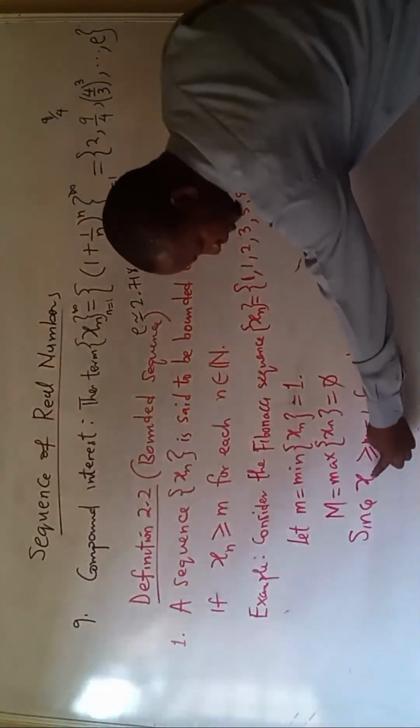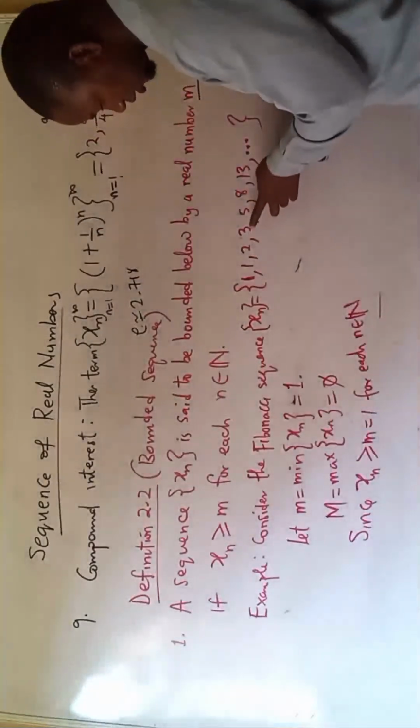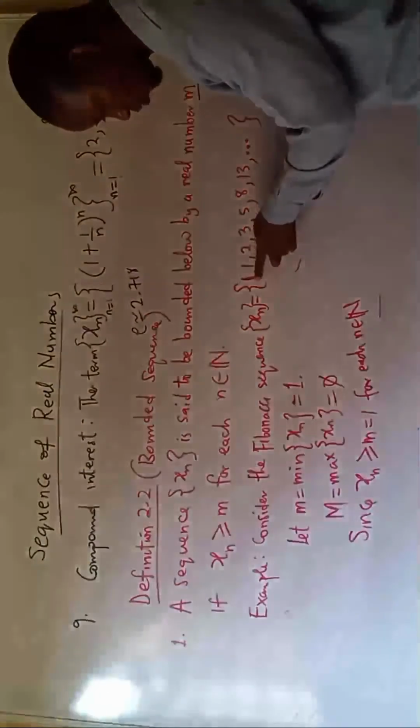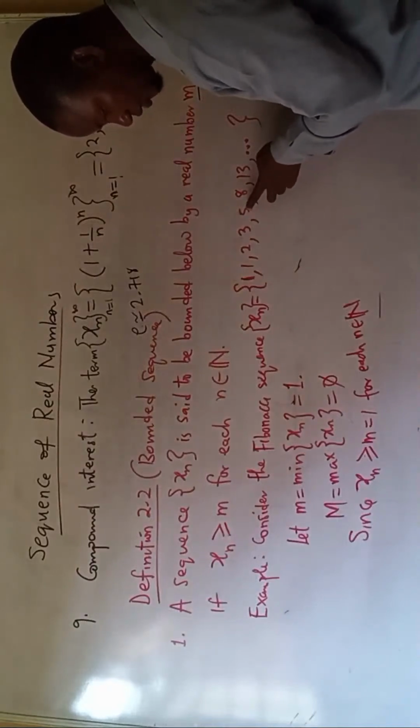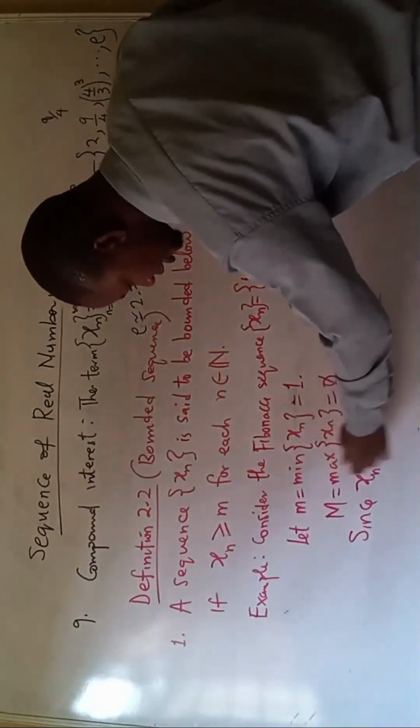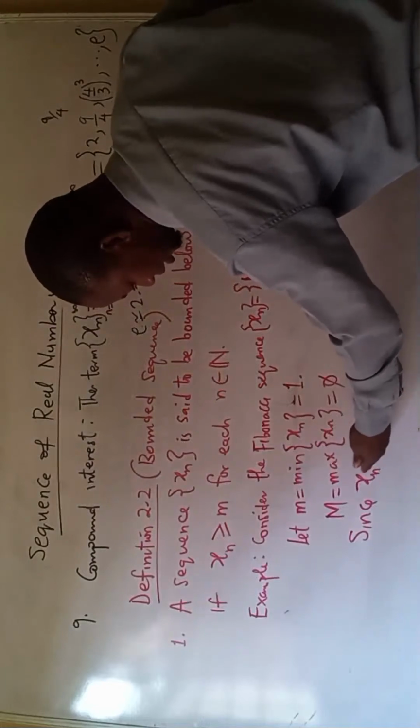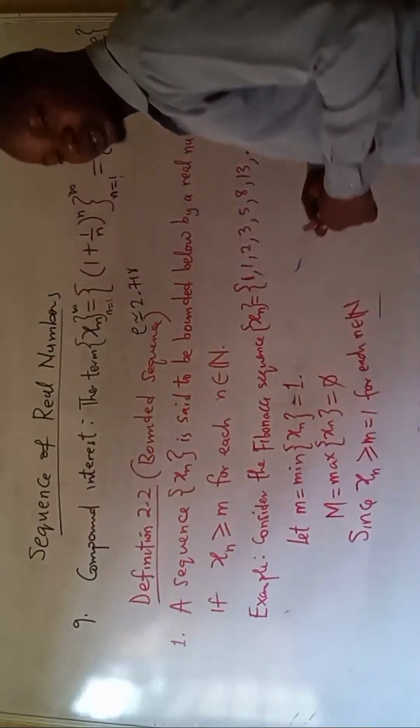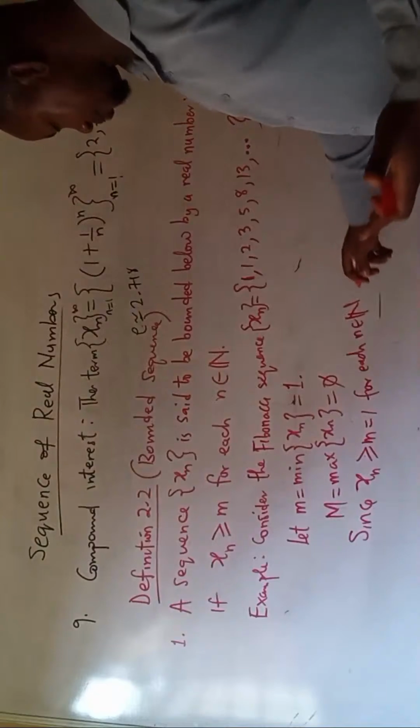That's why we are using greater than or equal to. 3 is greater than 1, 5 is greater than 1, 8 is greater than 1. So for each n I pick, we have a member that is at least 1. What it means is that the sequence is valid below.